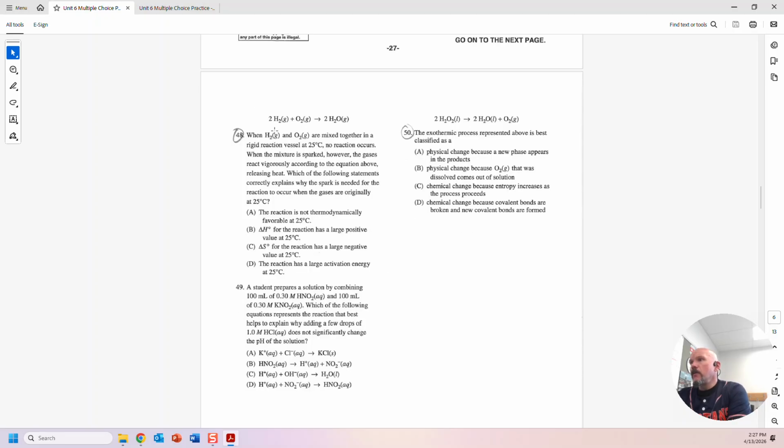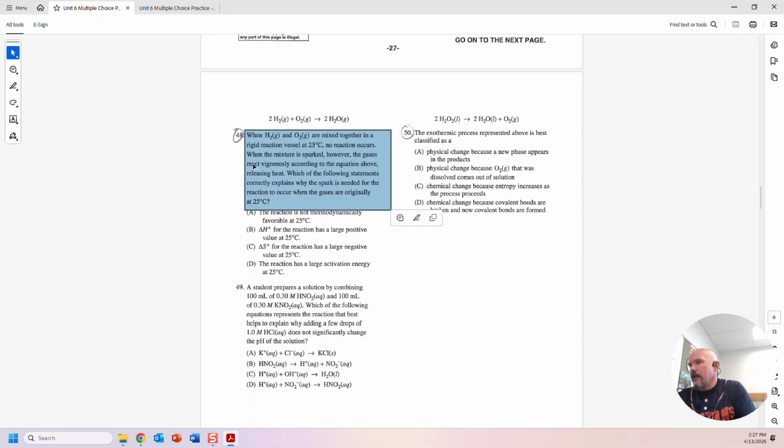This one ties in unit 7 with thermodynamics. The way you should read this question is the reaction happens, once the reaction starts, it happens vigorously. That tells you it's a thermodynamically favored process.